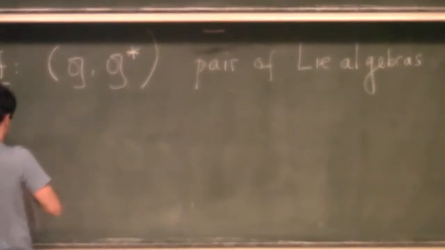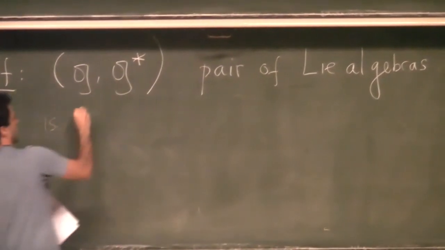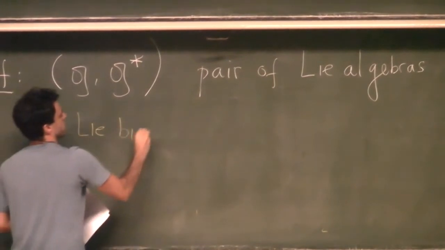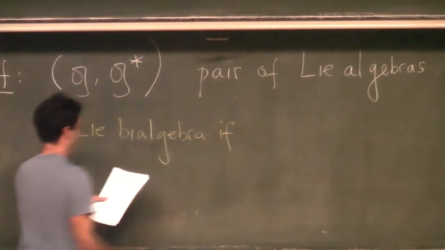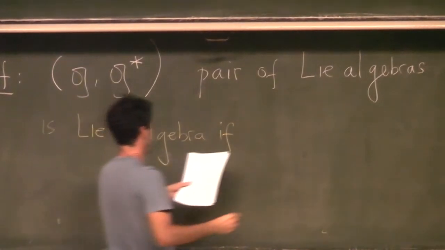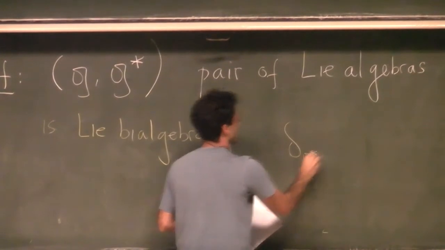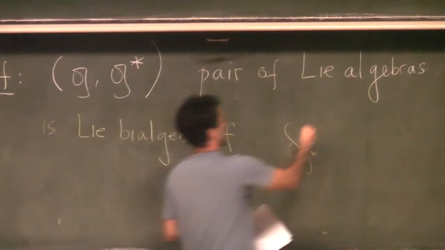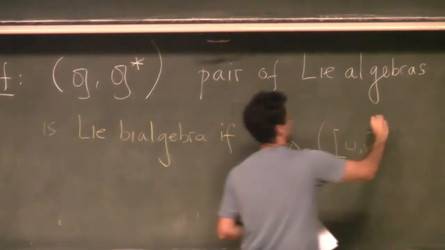So this is a Lie bialgebra if that compatibility condition is satisfied. So if you take the operator associated with the Lie bracket on G star, this is a derivation of the Lie bracket on G.